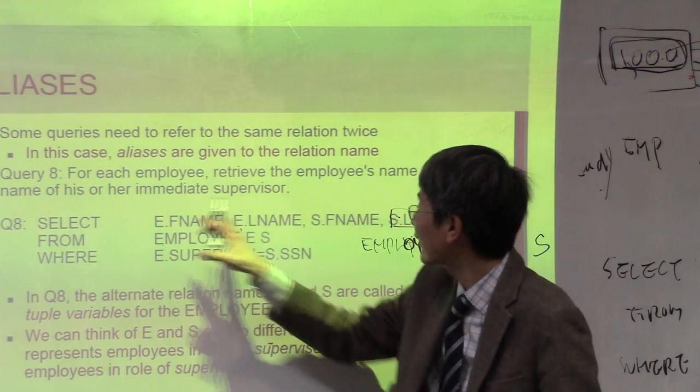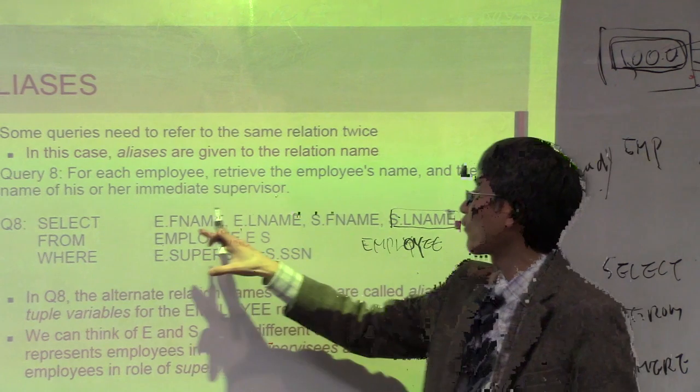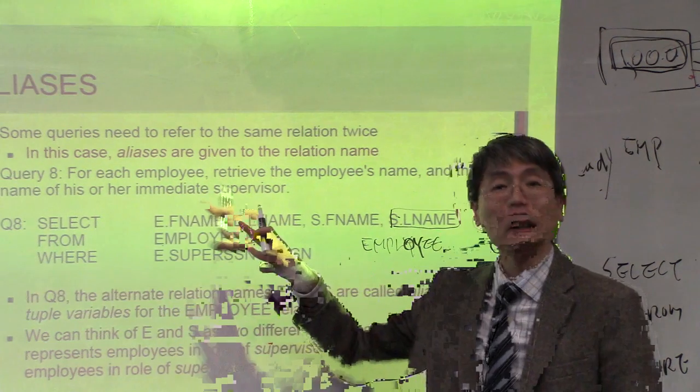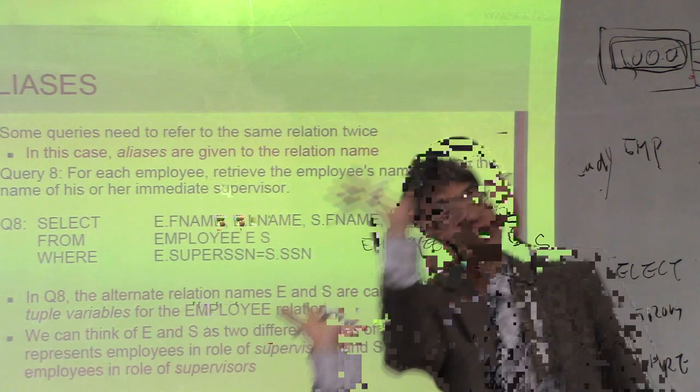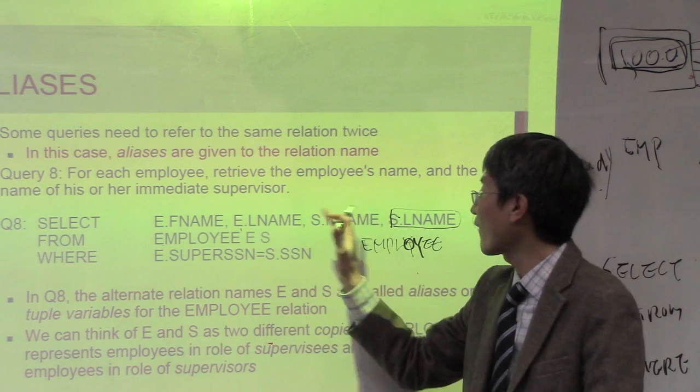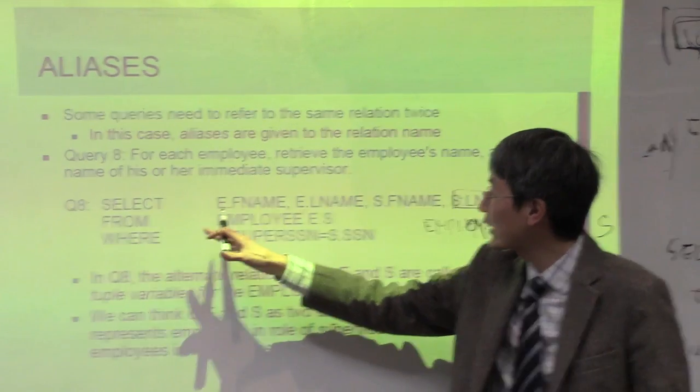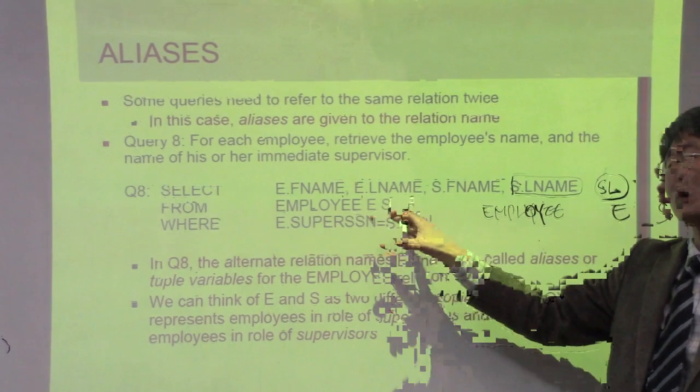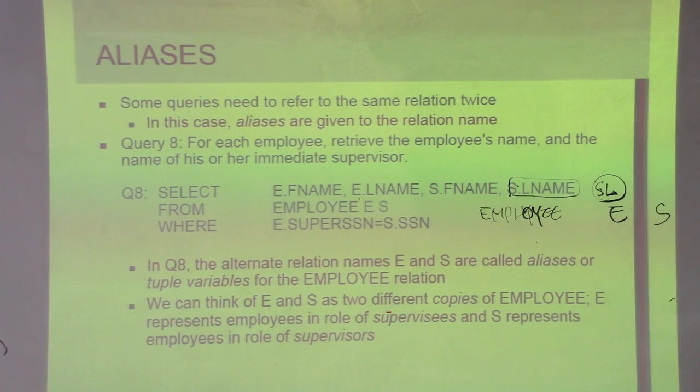So S dot first name is different from E dot first name. E dot first name represents the employee's first name. S dot first name means the supervisor's first name. So that is the reason E dot super SSN is equal to S dot SSN. That is the recursive.